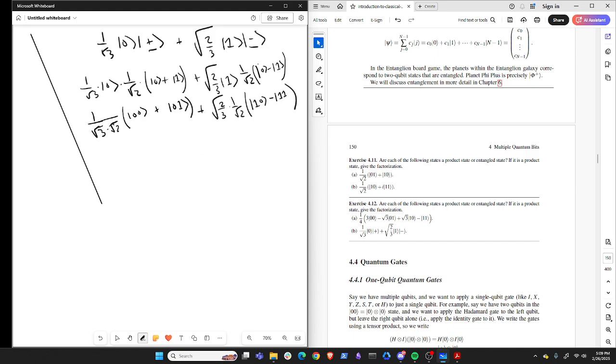Now, can we combine these in order to get something here?